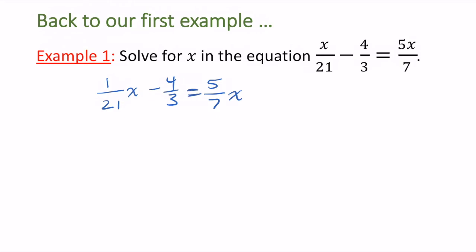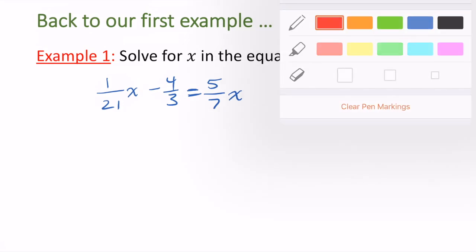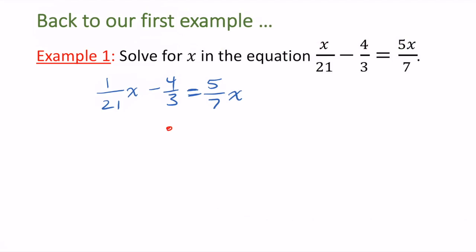But wait a minute, we actually just solved this one. And these actually represent the exact same question. So we already know how to solve this one. We end up with x equals -2. But just to reiterate, these are exactly the same things.